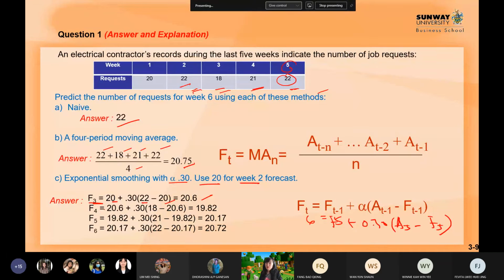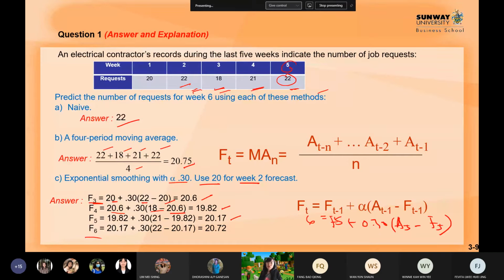Continue with week 4. For the week 4 forecast, you take the week 3 forecast plus the indicator times the week 3 actual minus the week 3 forecast. Then you get 19.82. You repeat the same for forecast number 5 and number 6.